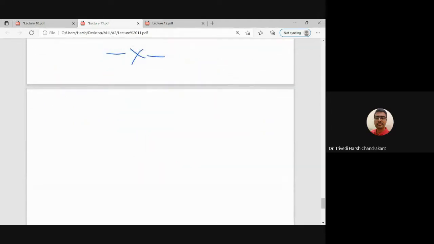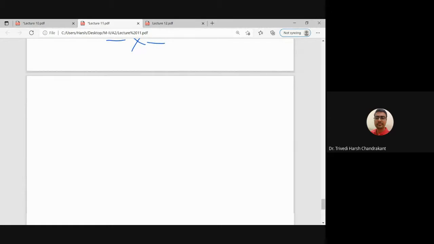Because the series is convergent, that means, so suppose we have a series summation n is equals to 0 to infinity an x power n. Suppose this series is given. So what is the meaning of that? This means if we expand, it is a0 plus a1x plus a2x square and so on.